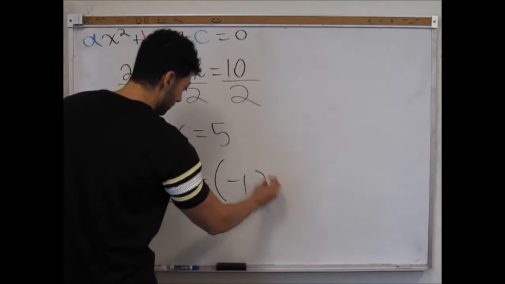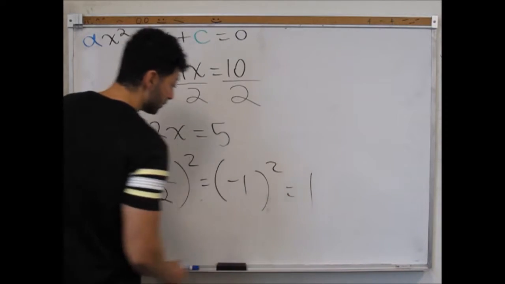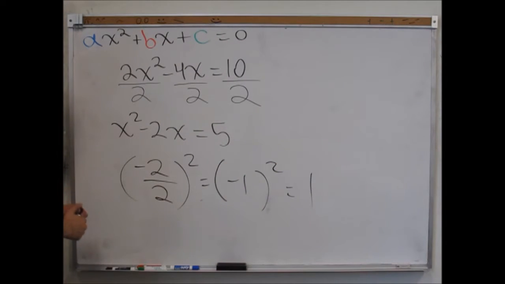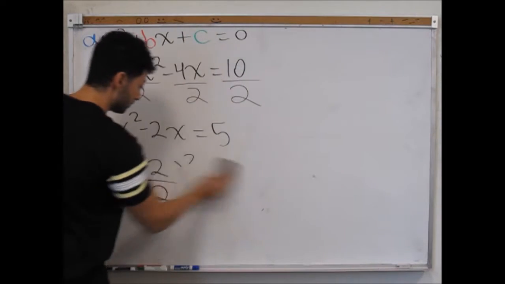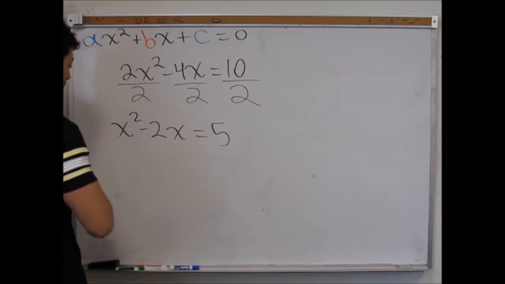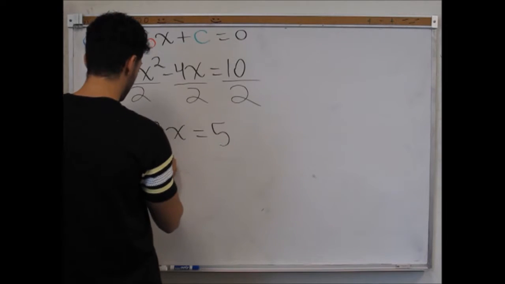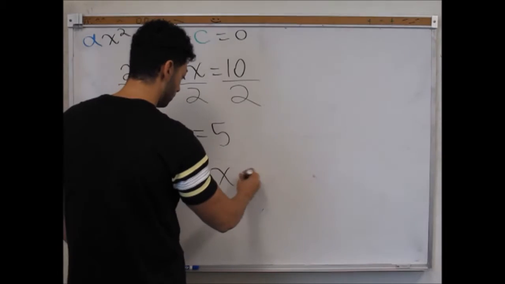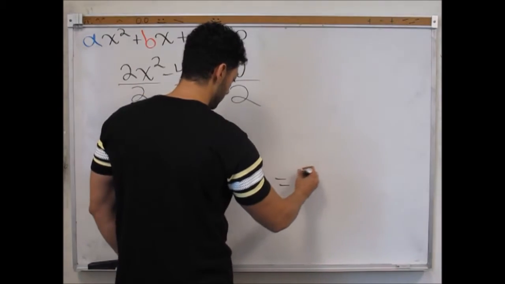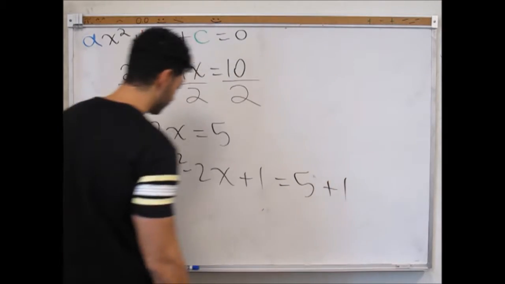So then we get -1 squared, so then we get 1. So that's what we're going to add to both sides of the equation, is 1. So then we get x squared minus 2x plus the 1, and then it equals 5 plus that 1.